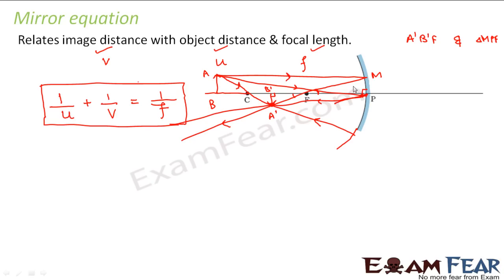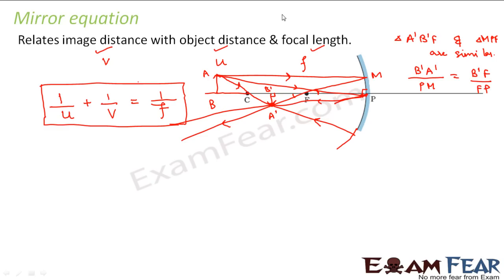Since all the angles of these two triangles are equal, triangles A dash B dash F and MPF are similar triangles. By the property of similar triangles, B dash A dash divided by PM will be equal to B dash F divided by FP.